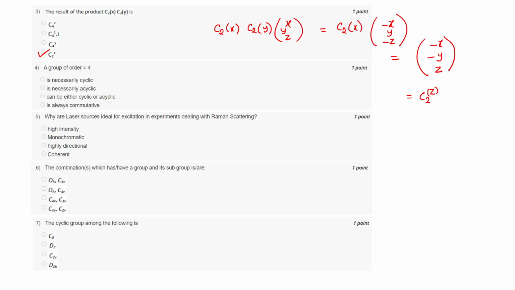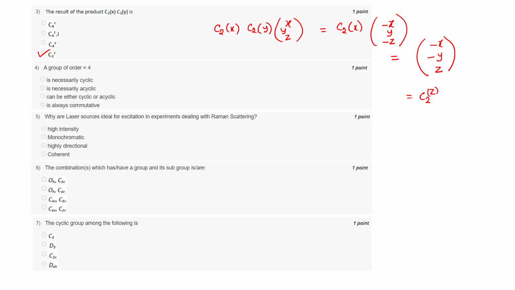I also don't have an idea. Can you tell me, for a group of order 4, what is going to be the answer and what is the correct justification? It is commutative. It is the condition of a group.